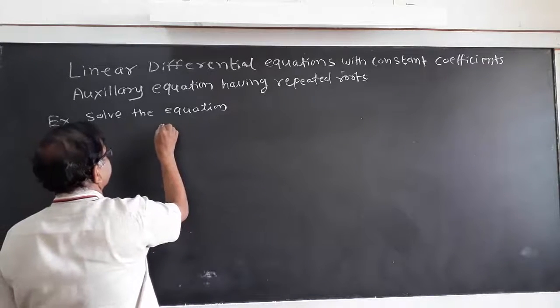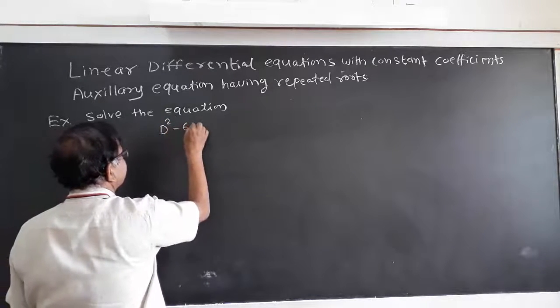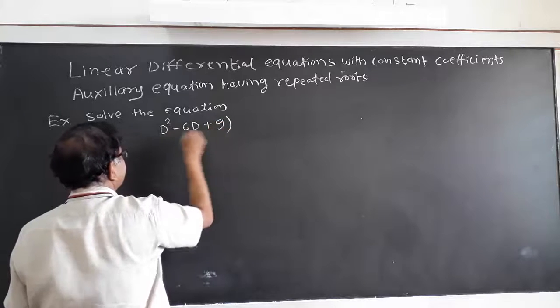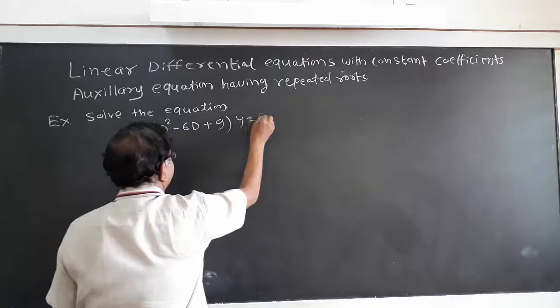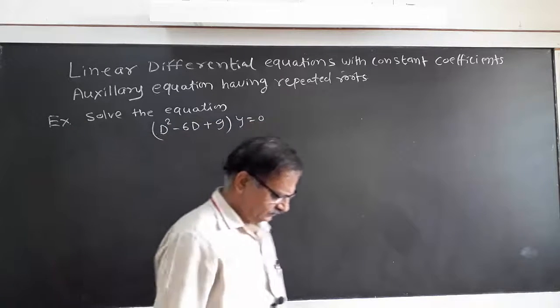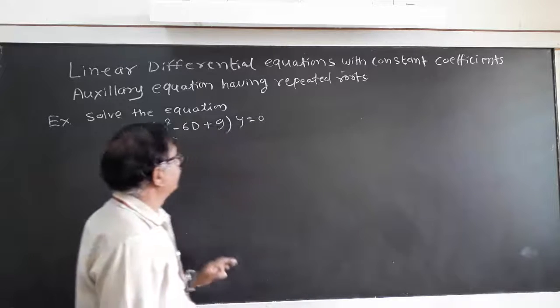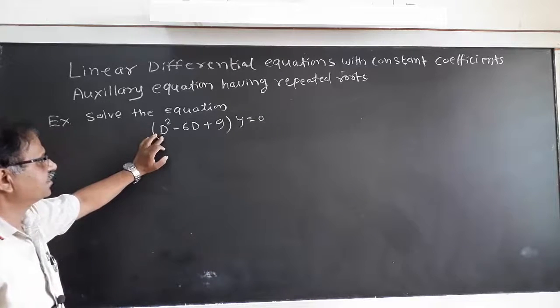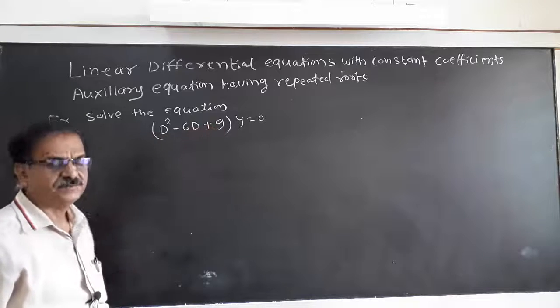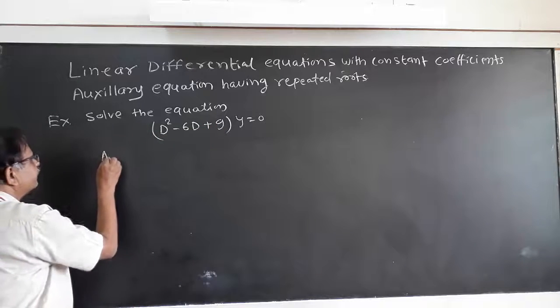Solve the differential equation: d square minus 6d plus 9, y equal to 0. We shall first write the auxiliary equation.